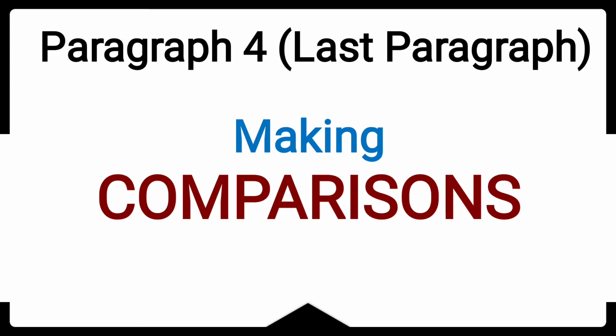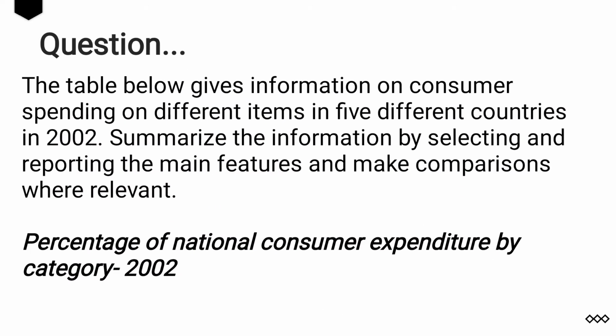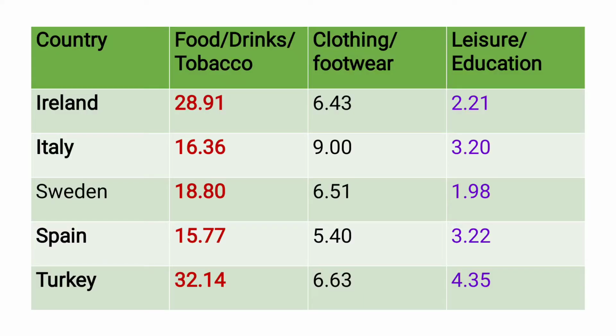So moving on, in making the comparison, here is the question again. Recall that there is a table that shows the percentage expenditure according to 5 countries on 3 categories of consumer items. You can see these are the countries: Ireland, Italy, Sweden, Spain, and Turkey.